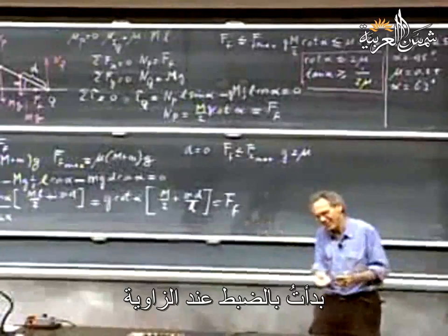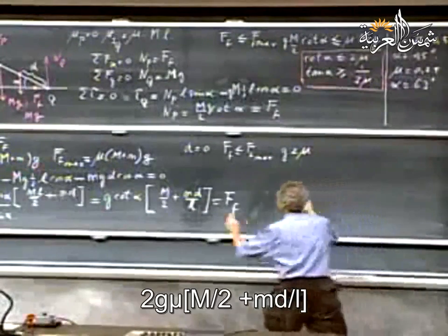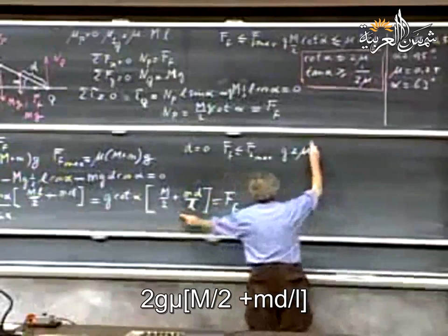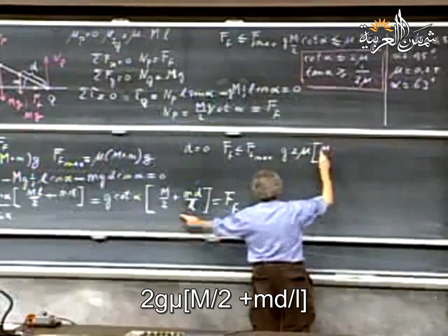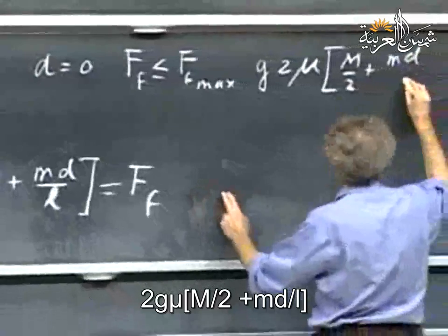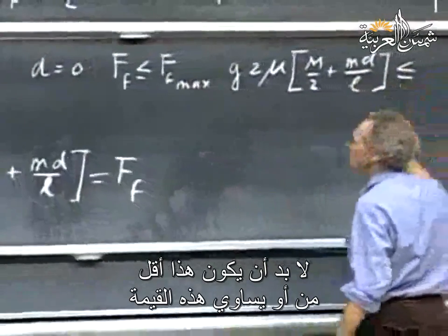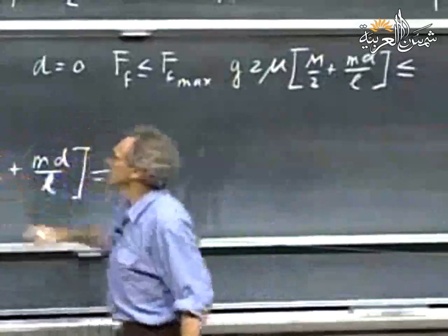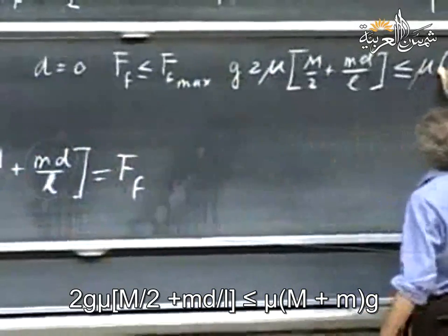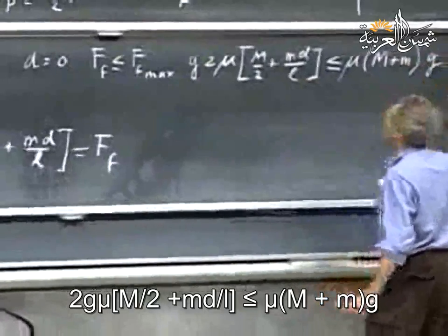I start exactly at the angle so that the ladder is sort of just hanging in there. So cotangent alpha is 2 mu, M divided by 2, plus m times d divided by L. This now has to be less or equal to this value, mu times (M plus m) times g.